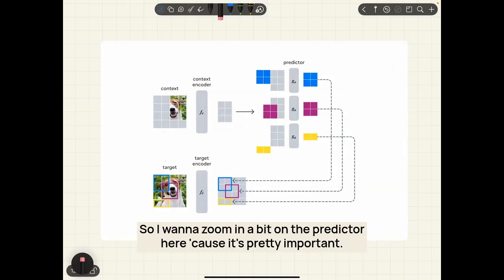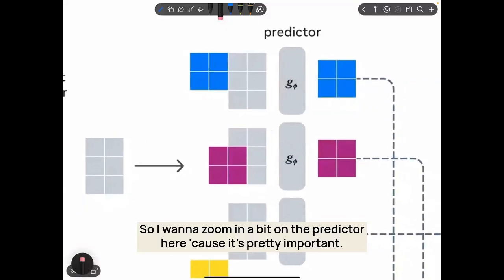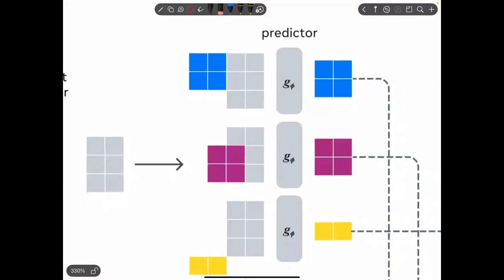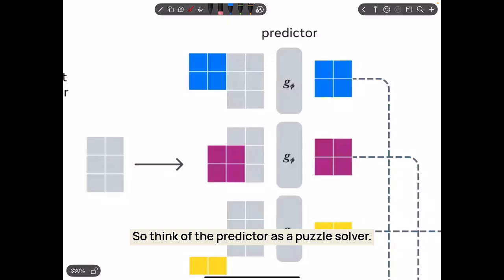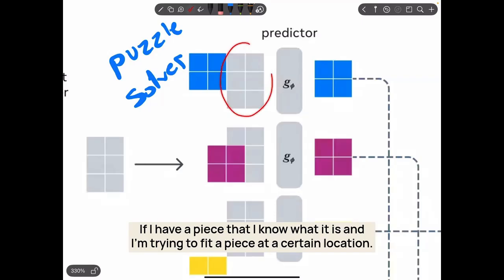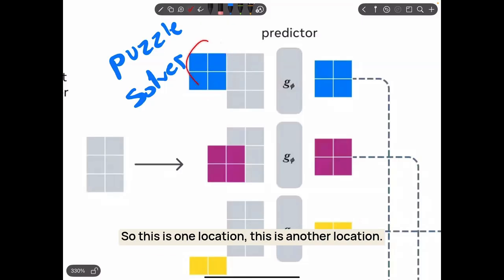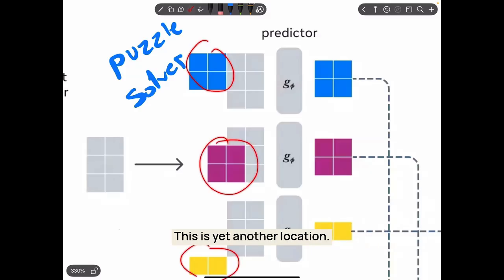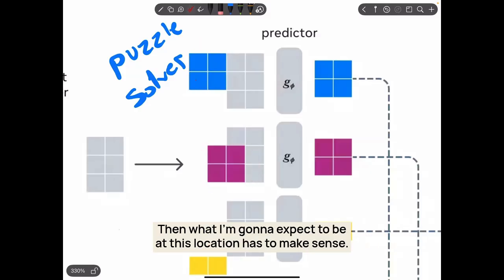So I want to zoom in a bit on the predictor here, because it's pretty important. Think of the predictor as a puzzle solver. If I have a piece that I know what it is, and I'm trying to fit a piece at a certain location, so this is one location, this is another location, this is yet another location, then what I'm going to expect to be at this location has to make sense.